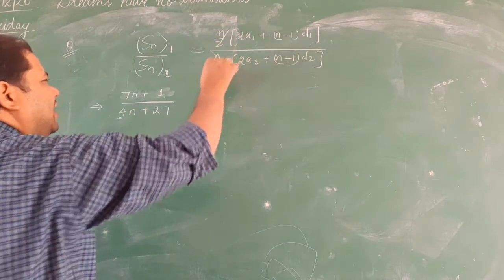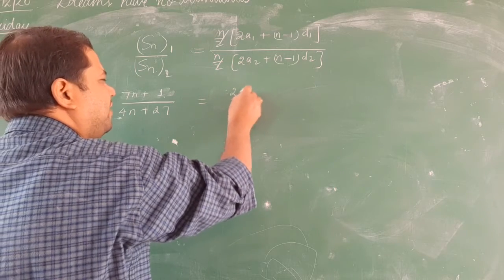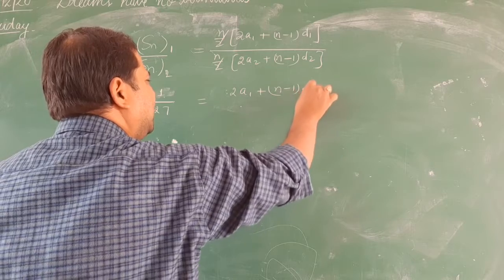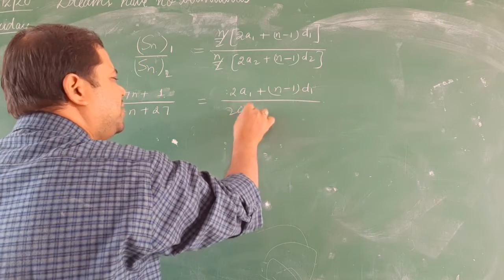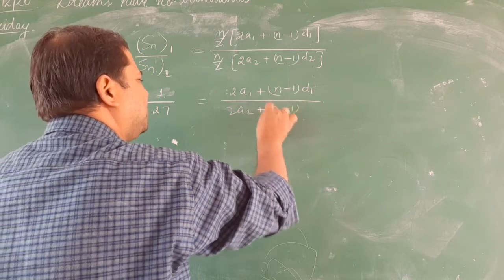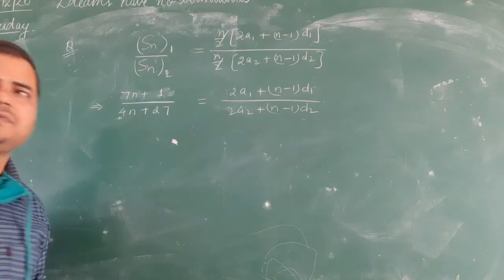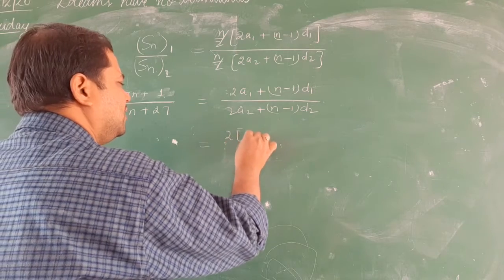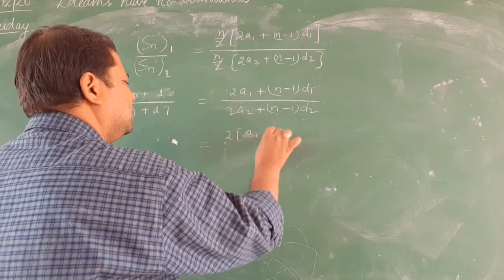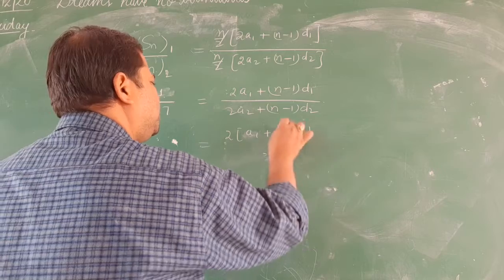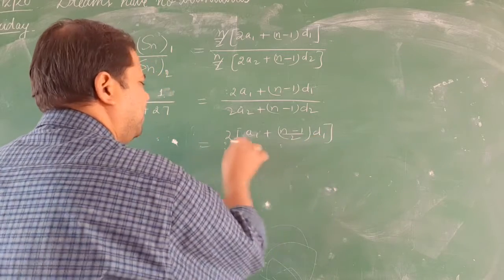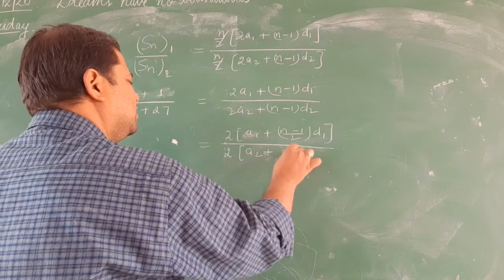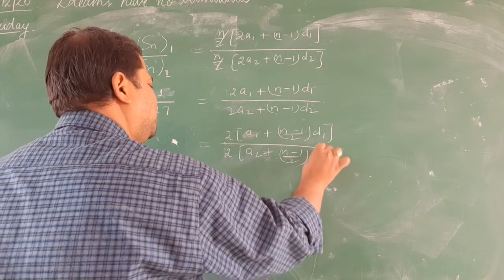The n by 2 cancels out, so 2a1 plus (n minus 1) d1 divided by 2a2 plus (n minus 1) d2. Now taking 2 as common, a1 plus (n minus 1) by 2 d1 divided by a2 plus (n minus 1) by 2 d2.